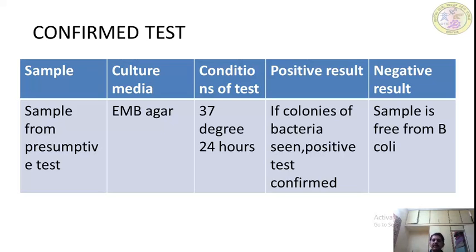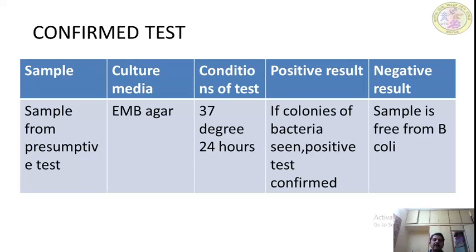If colonies of bacteria are seen under the microscope, it indicates a positive result. After 24 hours, if colonies of bacteria are observed, the test is confirmed. A negative result means the sample is free from E. coli bacteria.